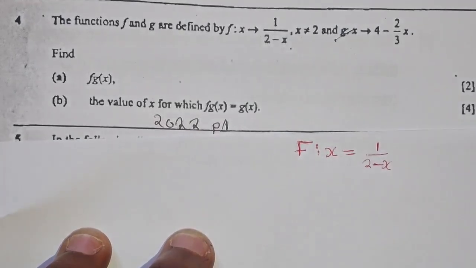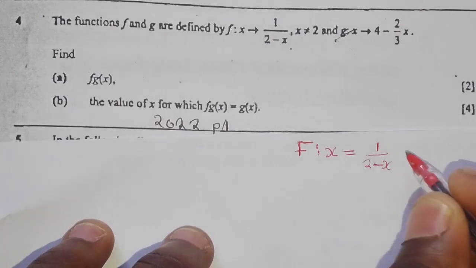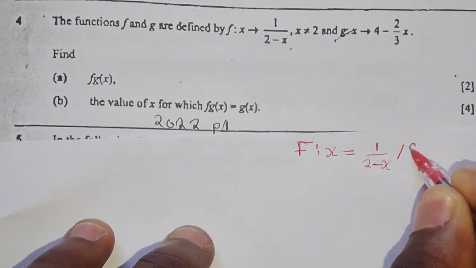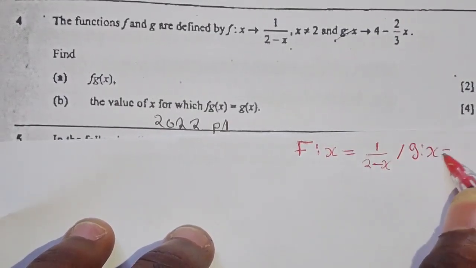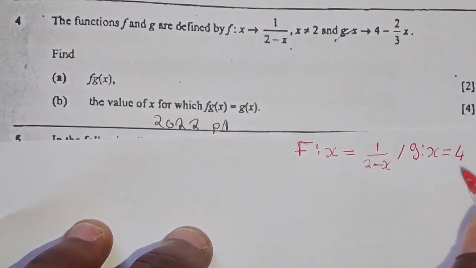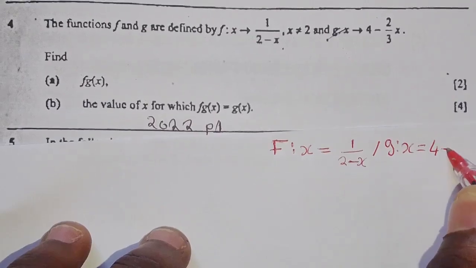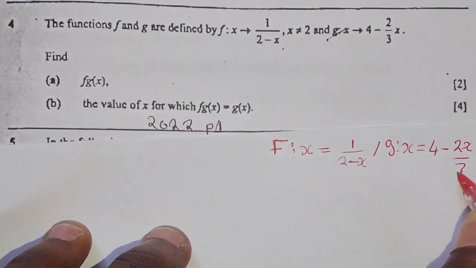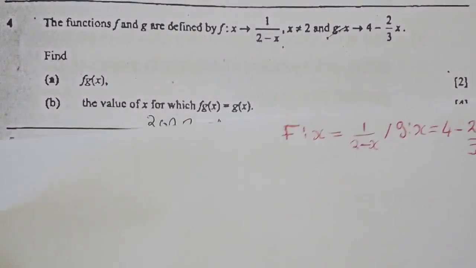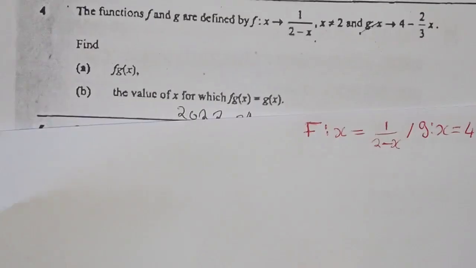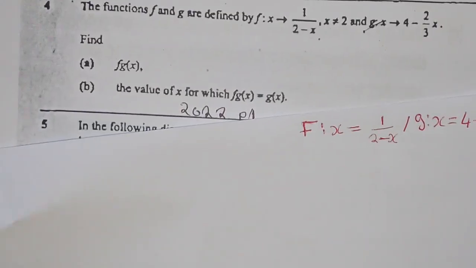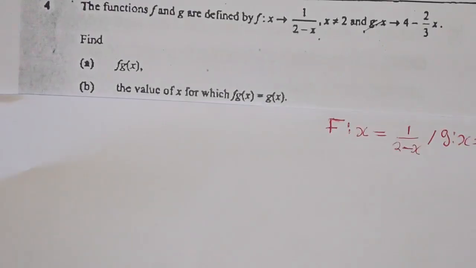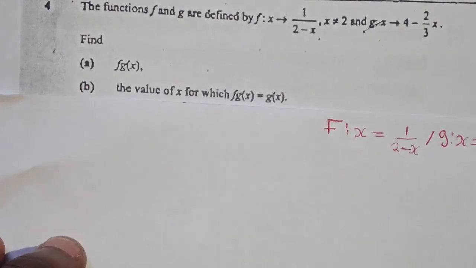We also have g of x, which is equal to 4 minus 2x over 3. So these are the important functions that we have. Let's try to find fg of x, because that's question A.